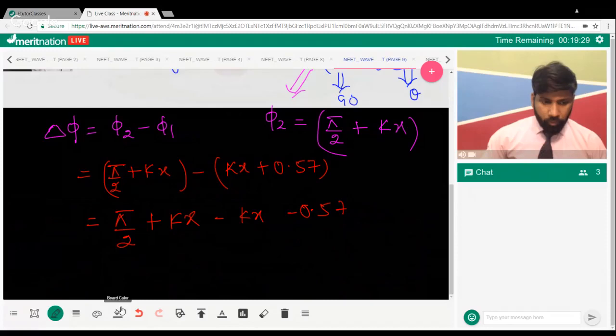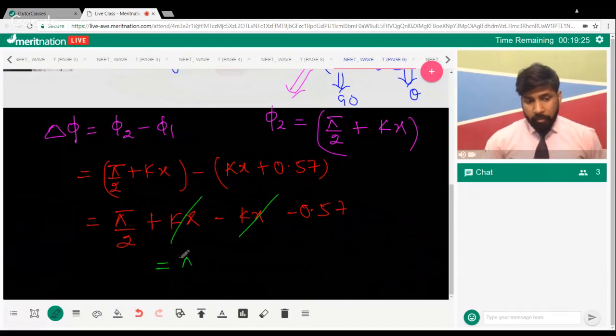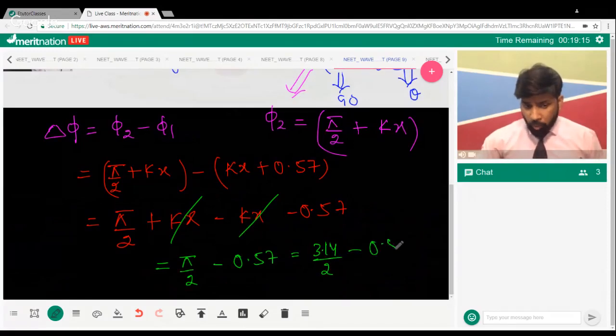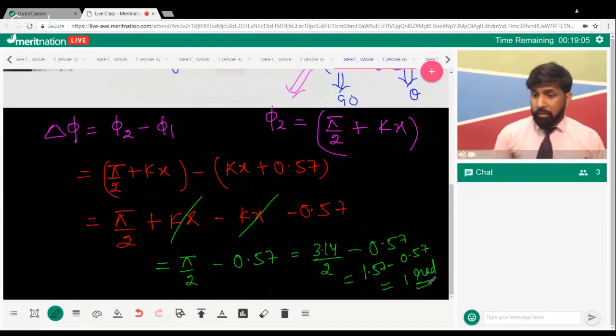So what we are getting here is pi by 2 minus 0.57. We know the value of pi is 3.14, so 3.14 divided by 2 minus 0.57 is 1.57 minus 0.57. Finally we are getting 1 radian. So the phase difference between y1 and y2 is 1 radian.